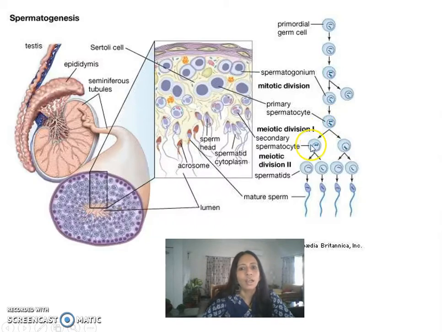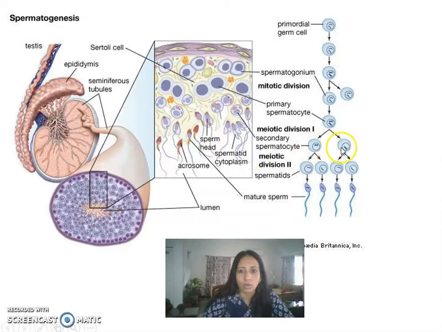Now the second division of meiosis takes place, which is an equational division, where these secondary spermatocytes again divide and produce two haploid cells, resulting in the formation of haploid spermatids.